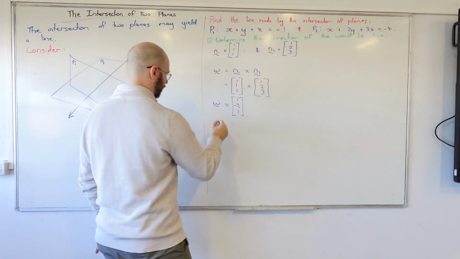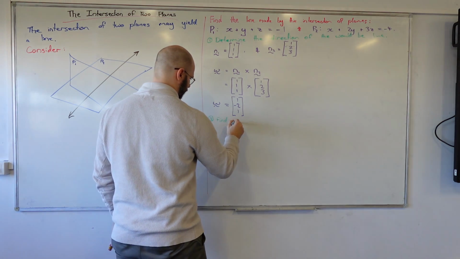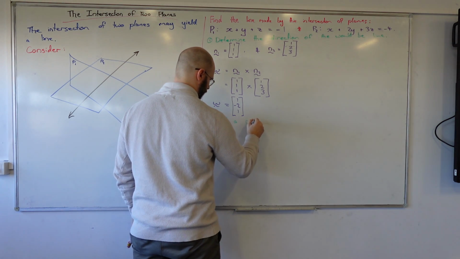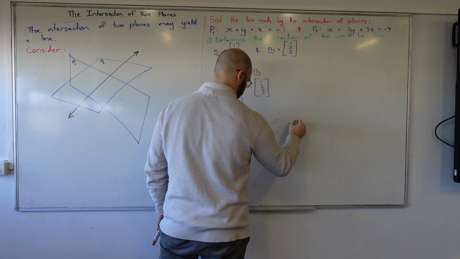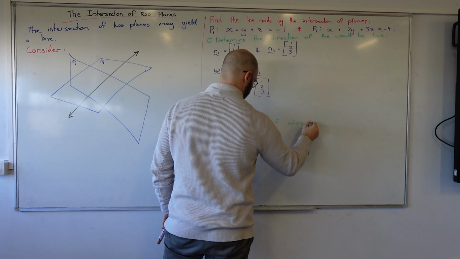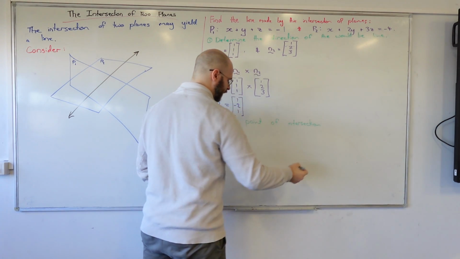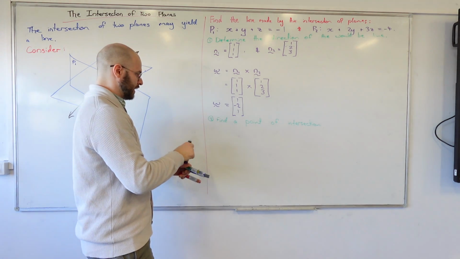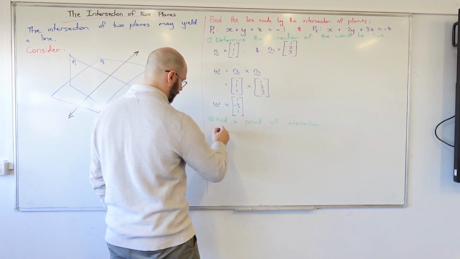Next step is to find a point of intersection. Now, to find the point of intersection, all we need to do is simply state our equations, but there's going to be a catch.